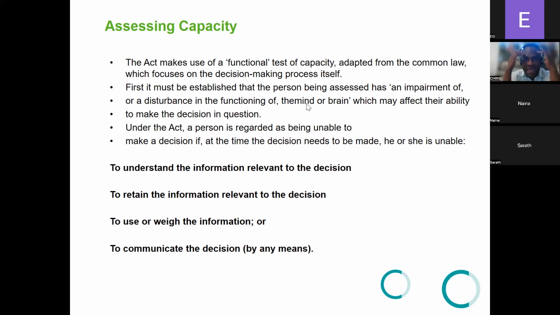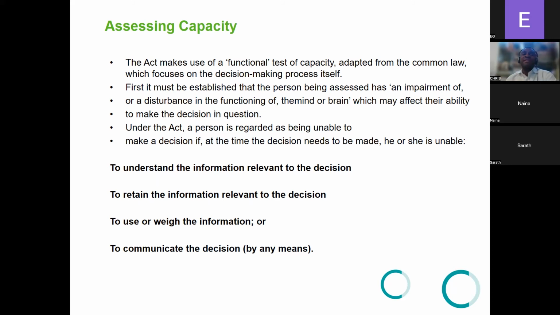The person's mind is disturbed mentally or medically or naturally, so the brain can't function well, which affects their ability to make a decision in relation to the question at stake. All these have to be established, and there should be evidence.